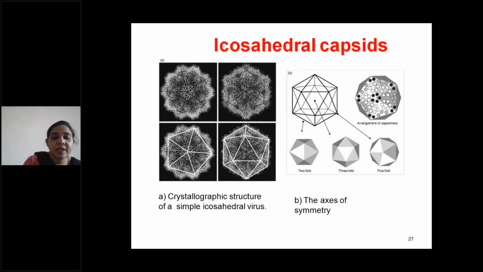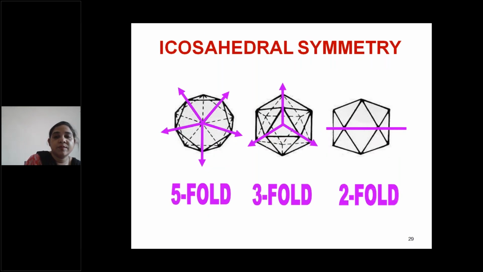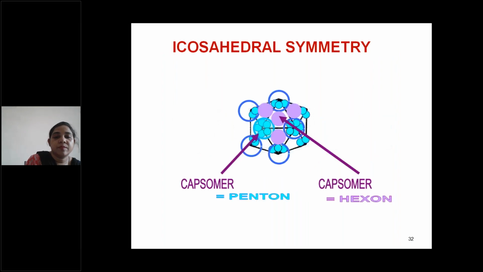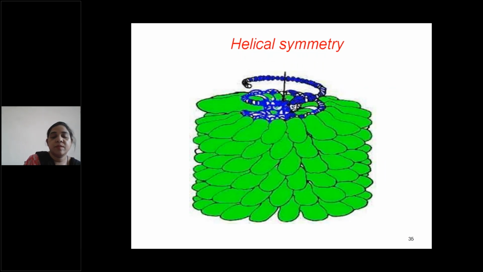So this is icosahedral, or cubic symmetry. Adenovirus is a common example of icosahedral symmetry. This is helical.